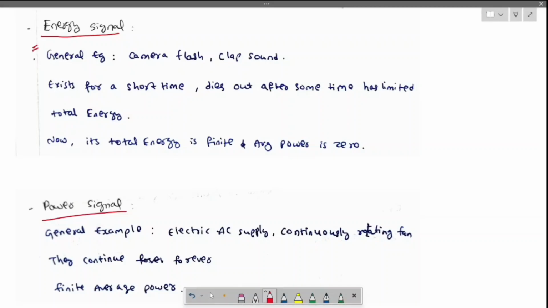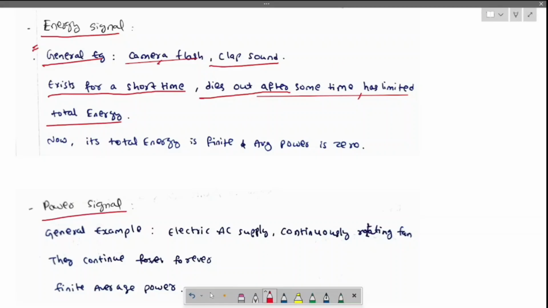A general example of an energy signal is a camera flash or a clap sound, which exists for a short time and dies out after some time. So it has limited total energy.